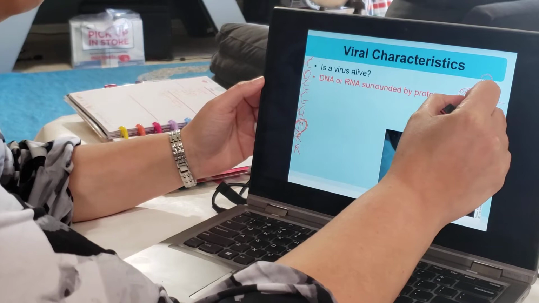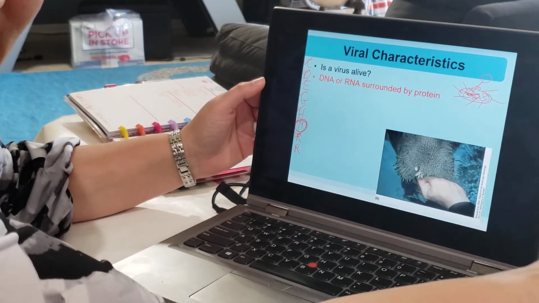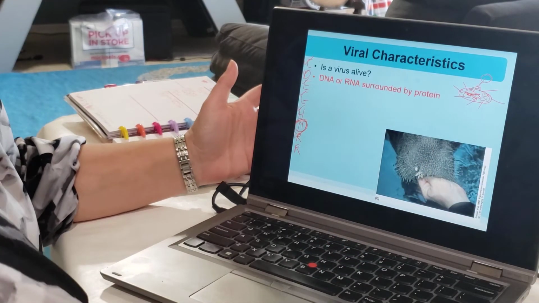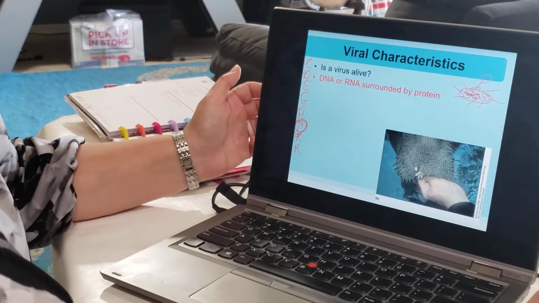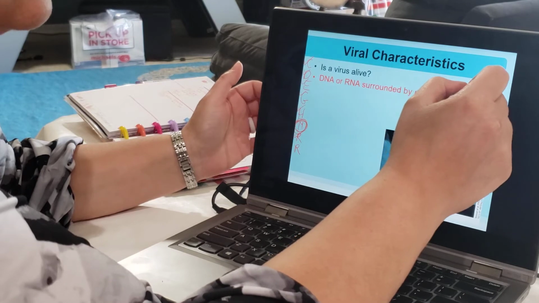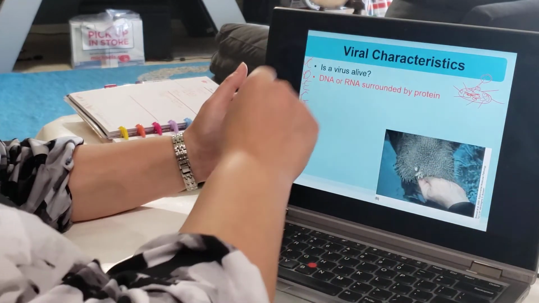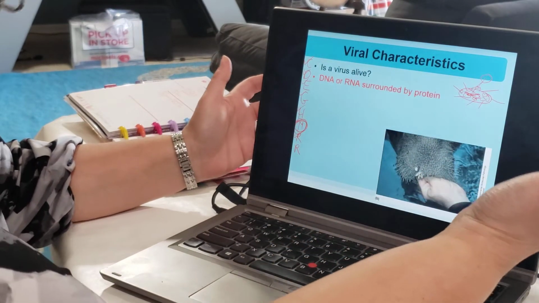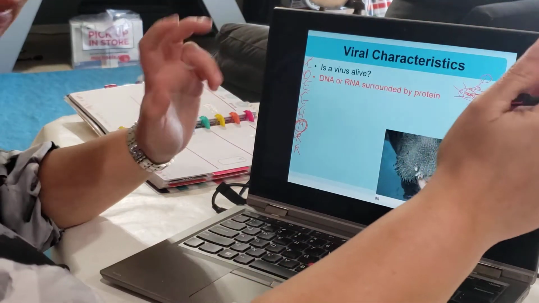And that host cell busts open, releasing all those baby viruses who are now going to go infect other cells. And that's why you can wake up in the morning, feel perfectly fine, and come 4 o'clock in the afternoon, you're at death's door feeling horrible, because that one virus can come in and infect your cells and take over your whole body very, very quickly. So they definitely reproduce. They need a host cell, but so do some of our parasites. So that's not what makes it non-living.